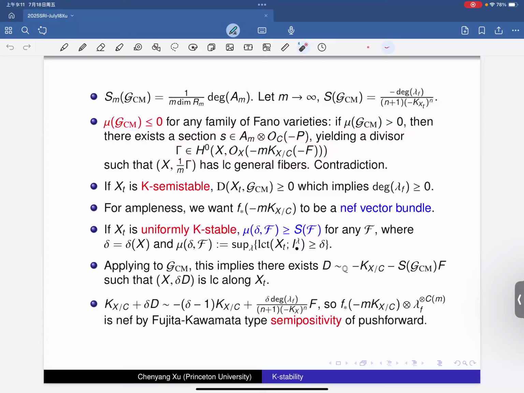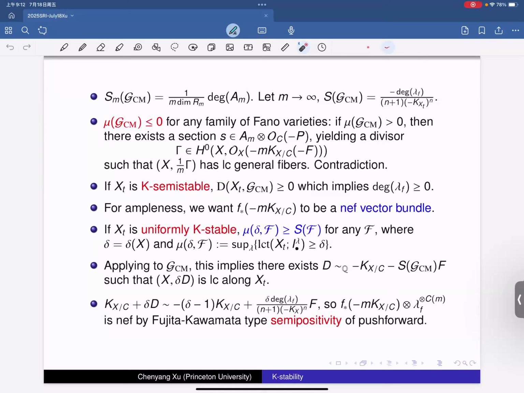Because mu precisely characterizes whether it's log canonical or not, that means this pair, if I restrict to the special fiber, is log canonical. But then that's a contradiction, because if I take K_X plus 1 over m lambda Gamma, it's 0.